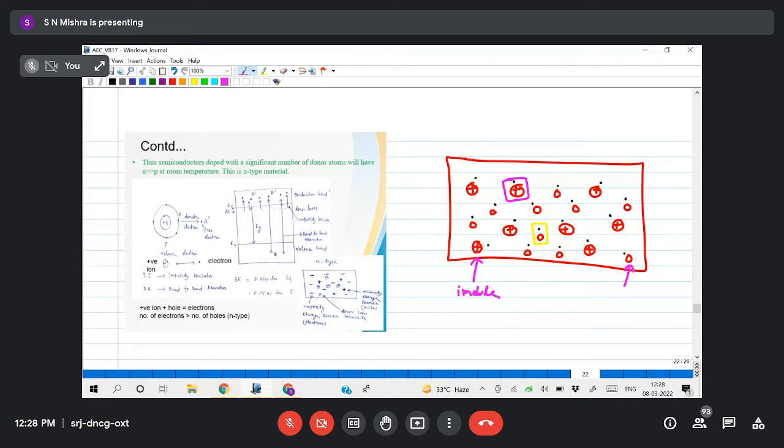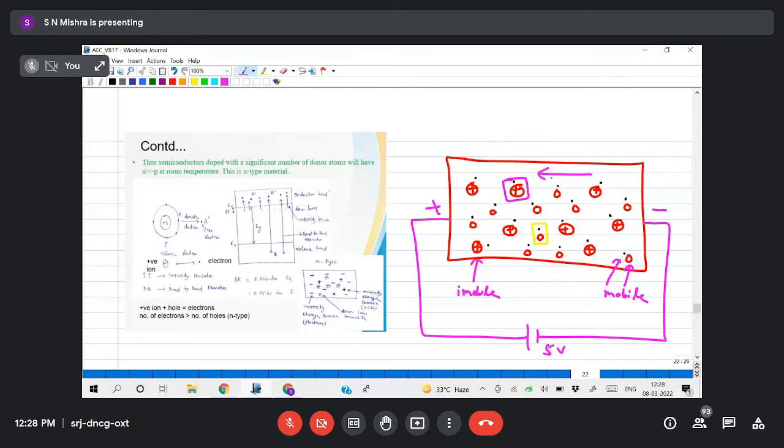These electrons and holes are mobile. Now, whenever I'll give some voltage here, let us take 5 volt I am attaching to this. Then this is positive, this is negative. Now, electrons try to move this side and holes try to move this side.